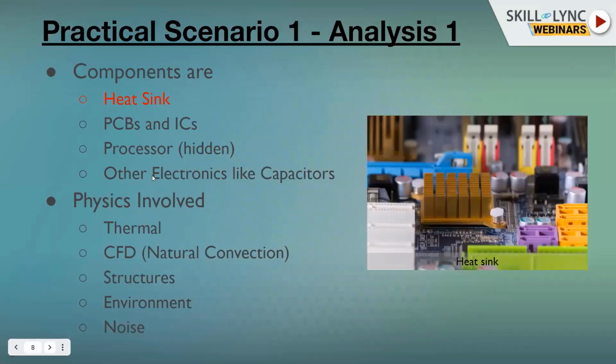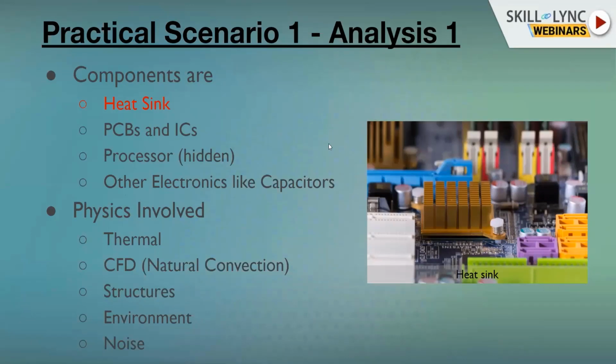We are going to see some practical scenarios on the analysis. We have around 4 cases, but by just seeing the pictures, I'll try to explain what is actually in them. If you open any electronic device, probably one component which you always see is a heatsink.